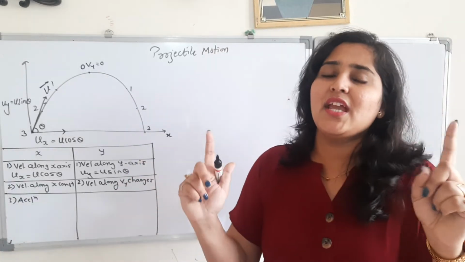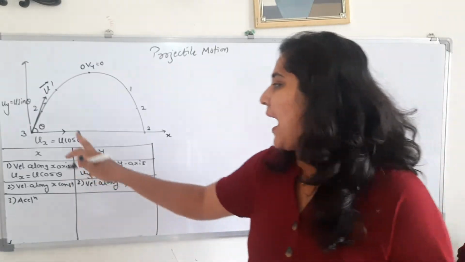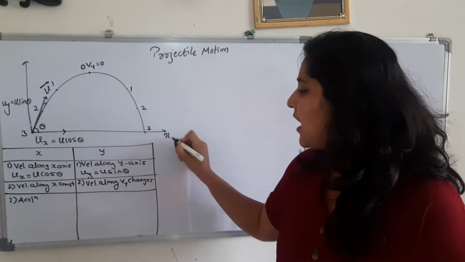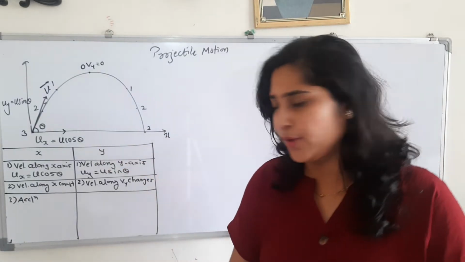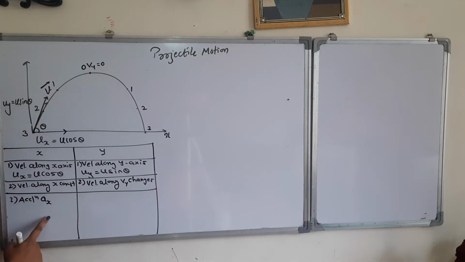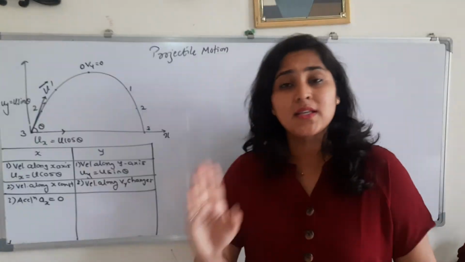So rate of change means final minus initial जो आ रहा है which is 0. तो acceleration along x component कितना होगा? 0. समझ गए ये चीज? So I'm showing here acceleration by symbol ax which is 0.